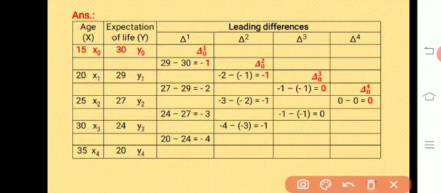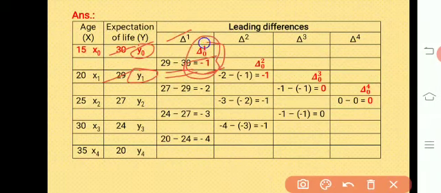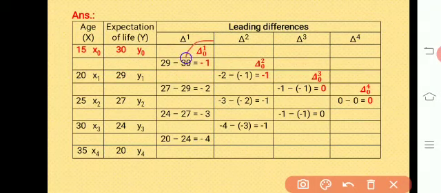Here delta raised to 1 we will observe first. That is nothing but y1 minus y0, which is 29 minus 30, which is minus 1, and this first value will be denoted by delta 0 raised to 1. Delta 0 raised to 1 is minus 1.